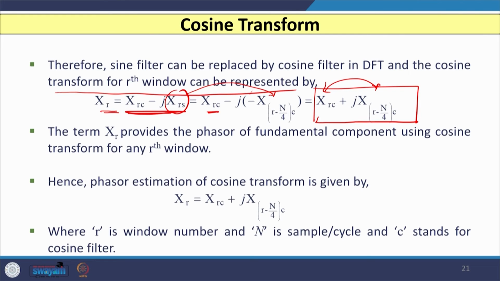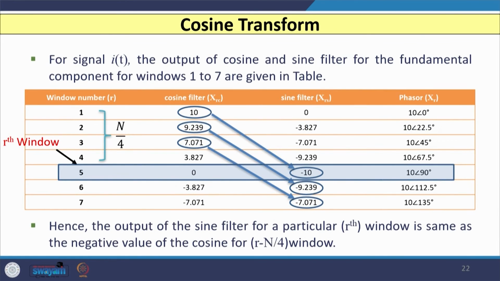So, finally, our phasor estimation of the cosine transform is given by x of r equal to XRC plus j x of r minus n by 4 of C. As I told you, both these terms are obtained by cosine filters only, and there is no need of sine filters.